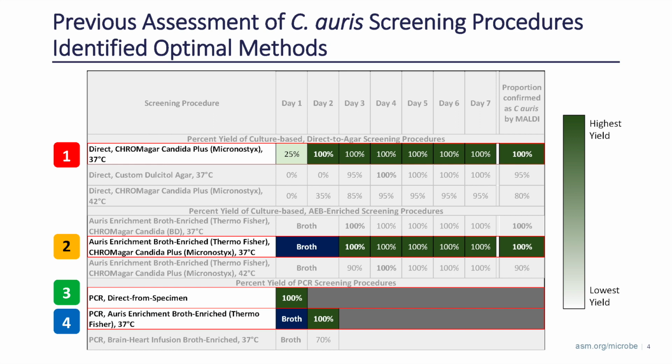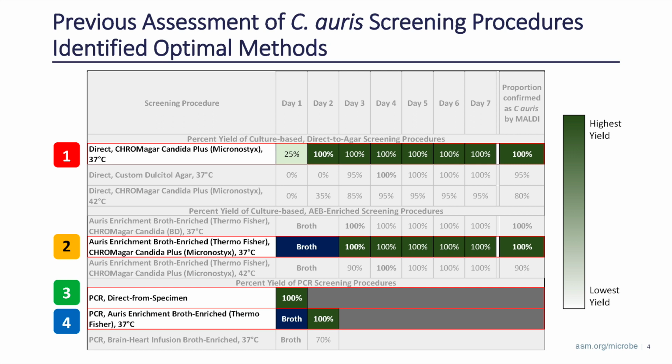Through that study, we identified 4 optimal procedures that had the best ability to detect C. auris: a culture-based direct-to-agar method onto the CHROMagar Candida Plus at 37 degrees Celsius, a culture-based auris enrichment broth-enriched method onto CHROMagar Candida Plus at 37 degrees Celsius, PCR direct from specimen, and PCR from auris enrichment broth-enriched specimens.